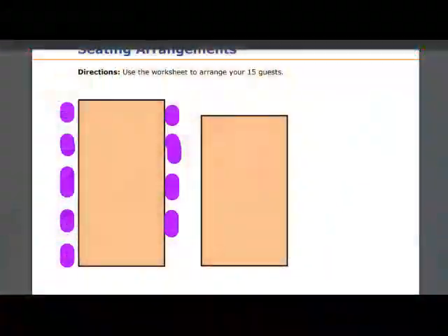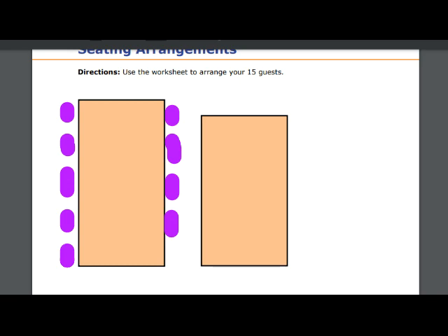How many fingers did I count on? 5, 6. That means 9 plus 6 equals 15. So I know now that I need 6 people at this table. 1, 2, 3, 4, 5, 6.